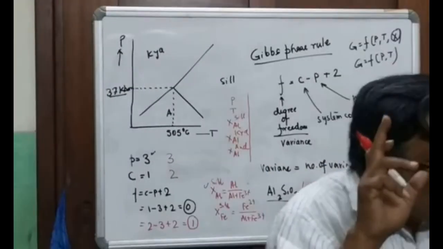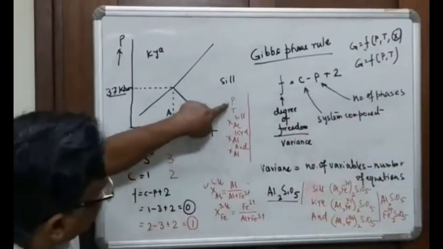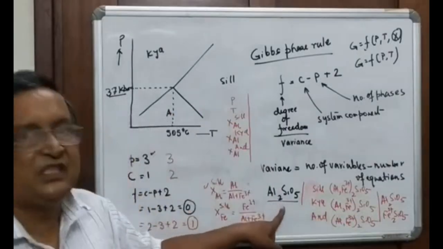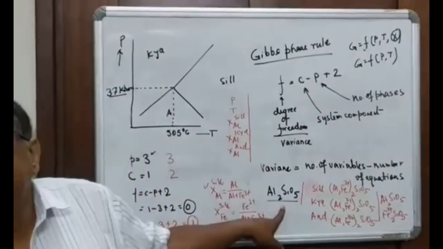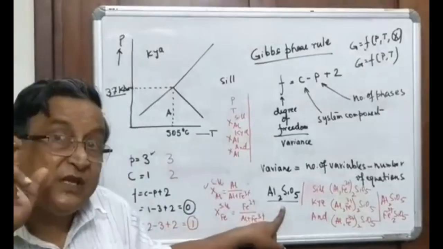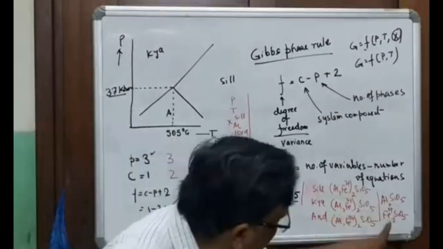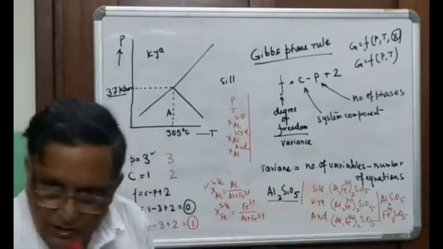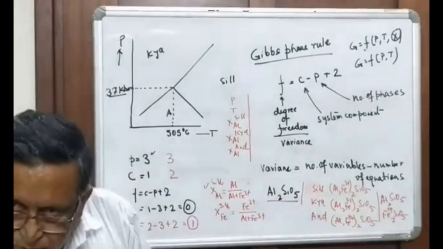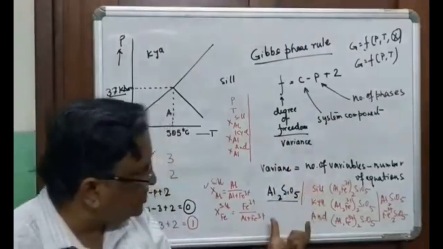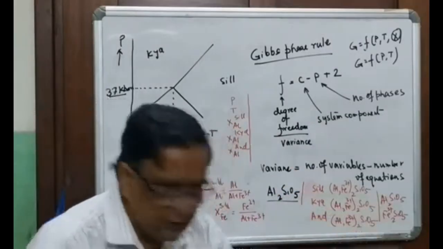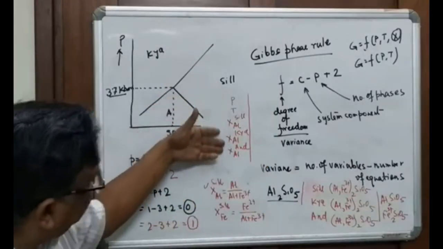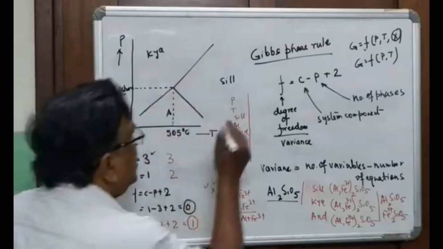Not 1, not 2, not just pressure and temperature. Yes, pressure and temperature if it was Al2SiO5. The moment you change this, all 3 minerals can vary their composition between the 2 end members, Al2SiO5 and Fe2SiO5, and as a result you will have these 5 variables.